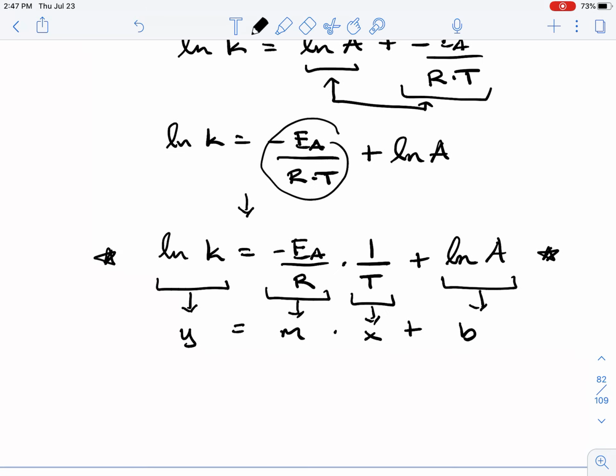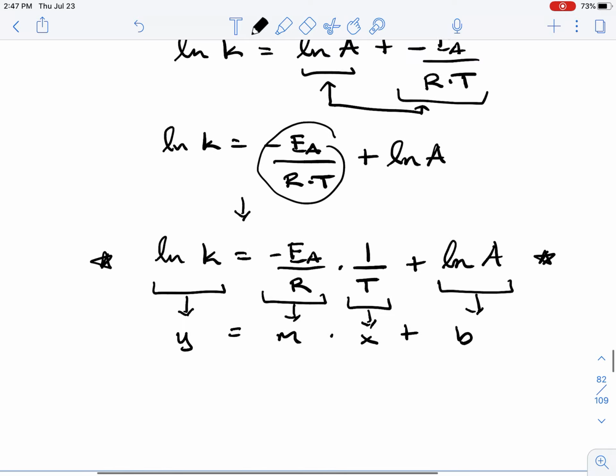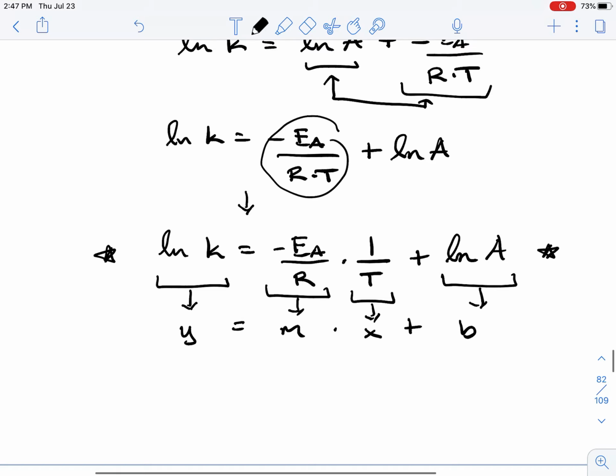much like what we did for the straight line plots for the integrated rate laws, we're going to see some trends. And so first, this is telling us that the identity of the y-axis is going to be the natural log of the rate constant k.